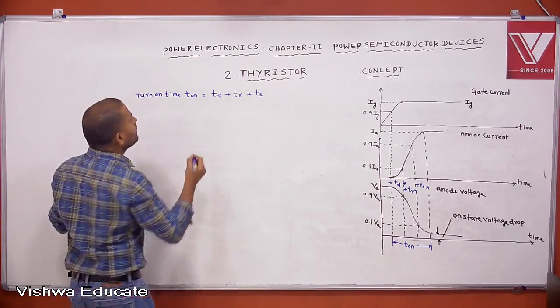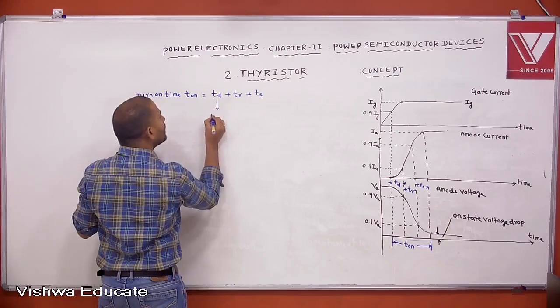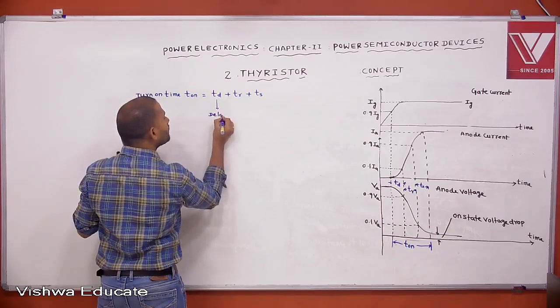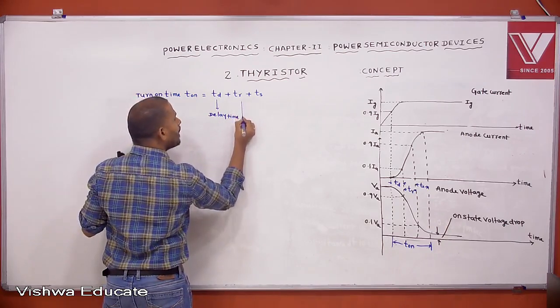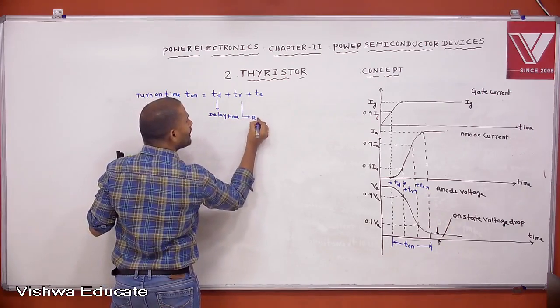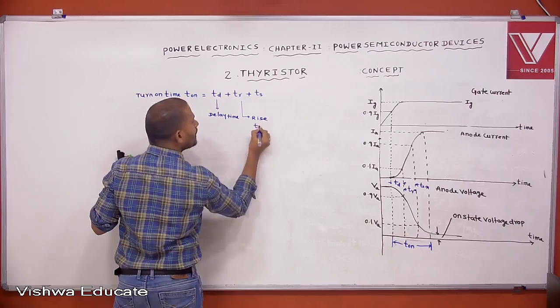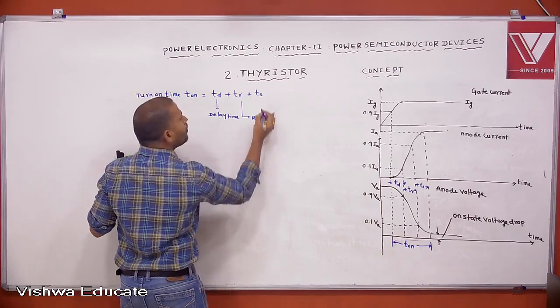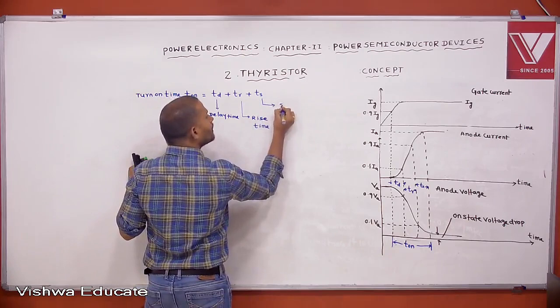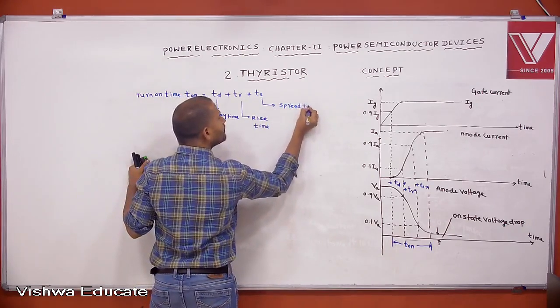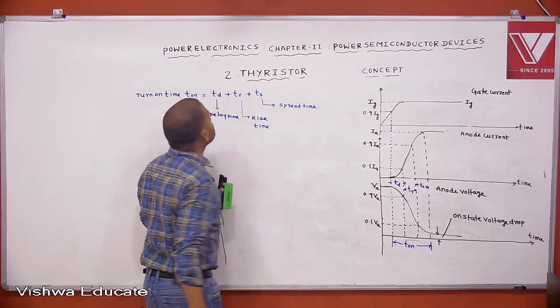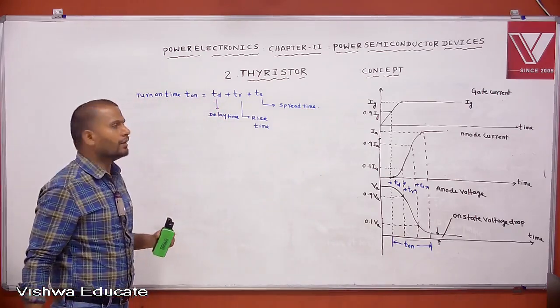TD is the delay time. What is TR? TR is the rise time. What is TS? TS is the spread time.